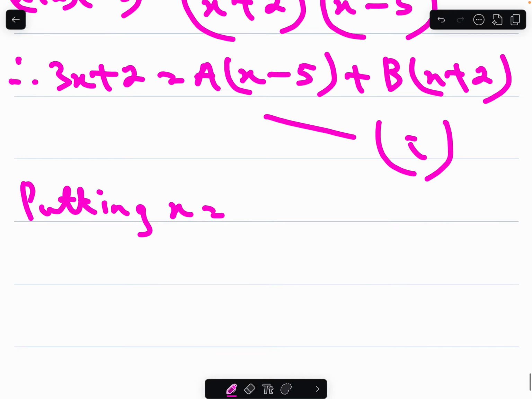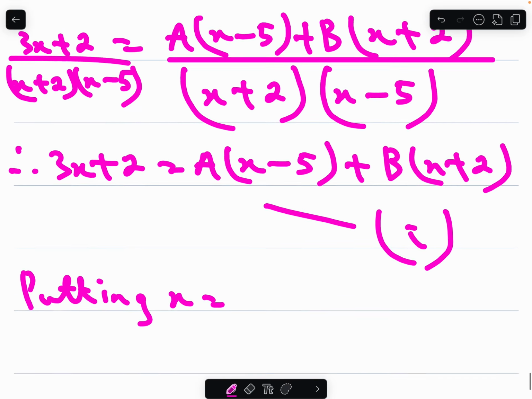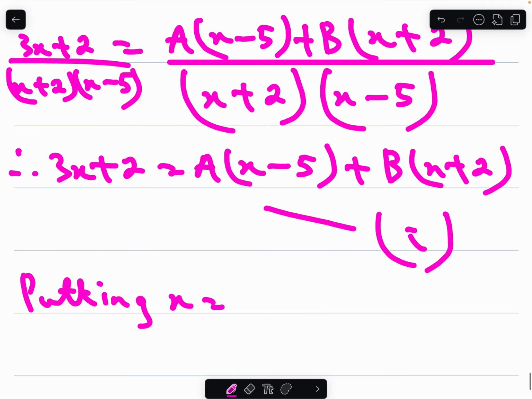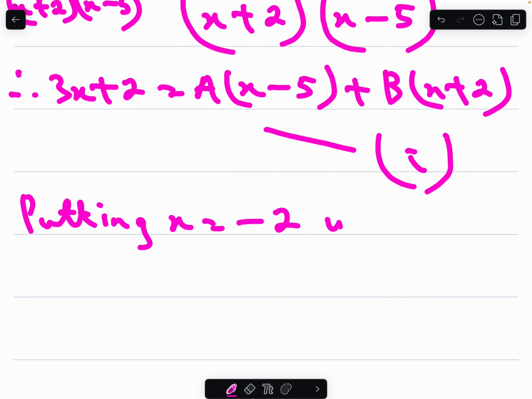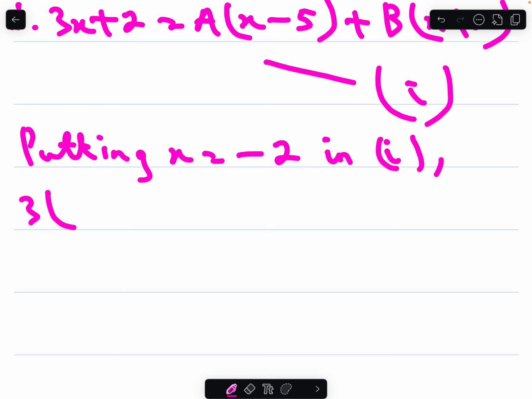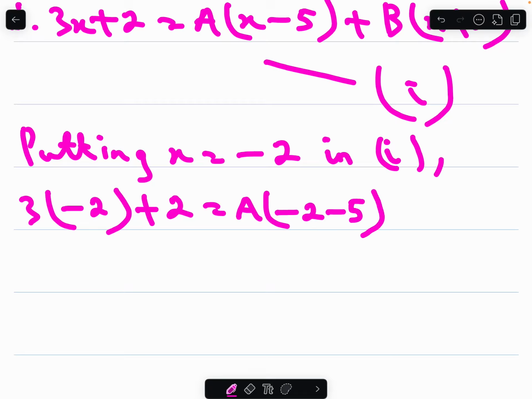Now, putting x equals minus 2 in equation 1, wherever I see x, I'll write minus 2. That means 3 into bracket minus 2 plus 2 equals A into bracket minus 2 minus 5 plus B into bracket minus 2 plus 2.